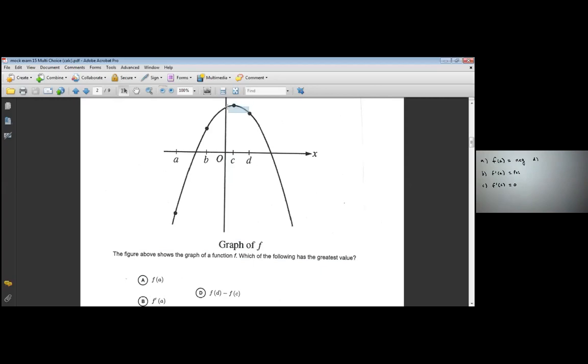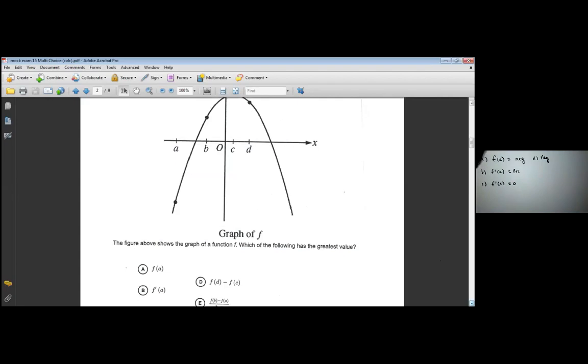F of D is going to be lower than F of C. So this would be like saying 4 minus 5 or 3 minus 4. It's going to be a negative number, but a very slight one. Whereas the one from the original clearly was much less. Anyways, we're asking for the greatest value. And I already know B is a positive number. So I'm just going to say this is a negative answer. We don't even care. Right now, it's looking pretty good that choice B is our winner, unless something happens in that last choice.